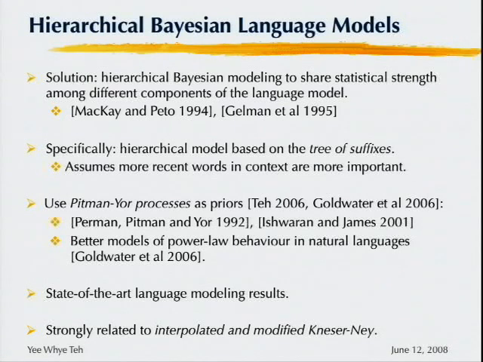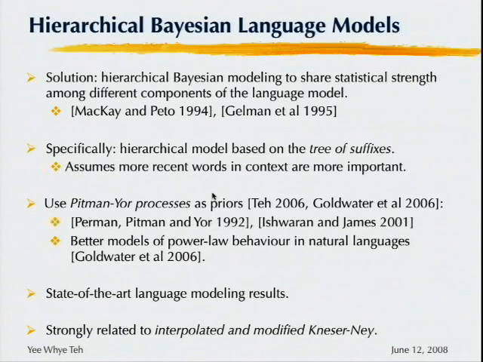And you can use hierarchical modeling for doing that. Okay. And specifically, the hierarchical model which we'll build is based on a tree of suffixes. So what this means is that we assume that the more recent words in the context are more important, which is kind of reasonable.